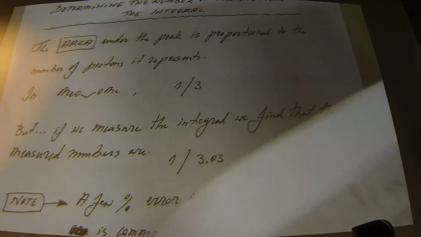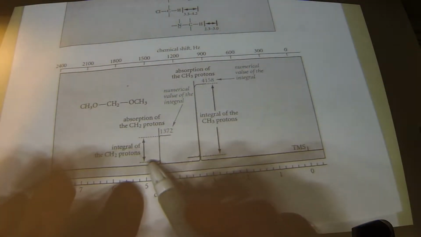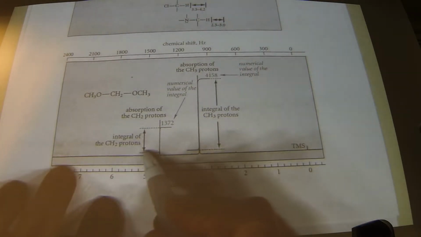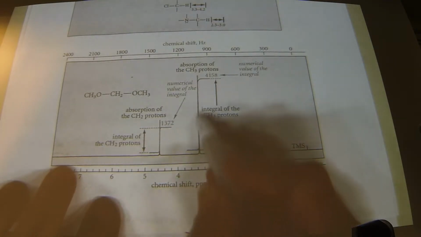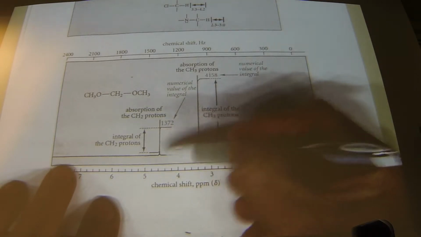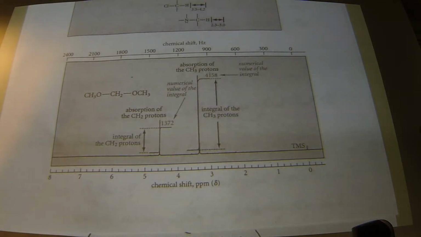Now, the way you see that ratio, there are a couple of ways. One way is you sometimes see a line integral. You can program the machine to show a line here, and then another line like that, and the relative heights of those two horizontal lines represent the area under the peak. You measure the heights of those lines.